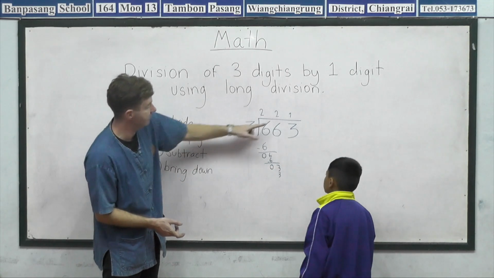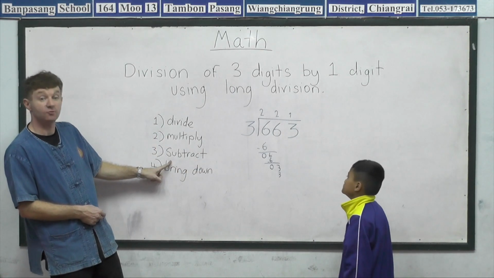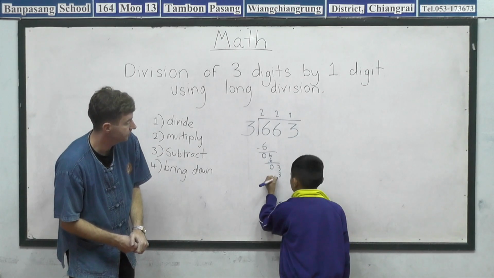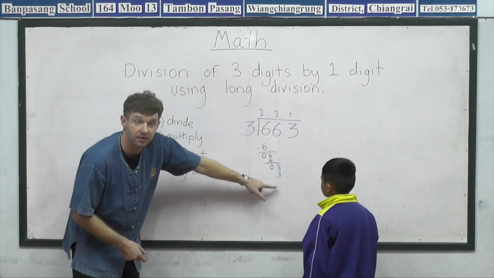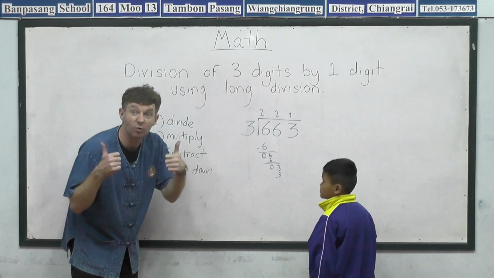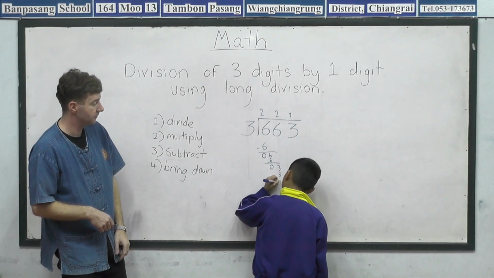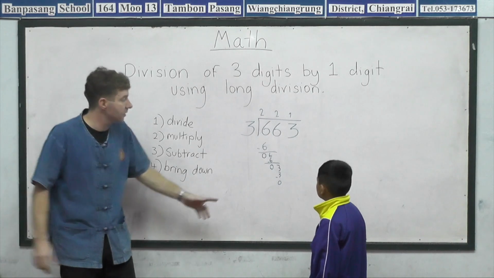Perfect, because 3 times 1 equals 3. Next we subtract. So another minus sign here. Perfect. 3 minus 3 equals 0. So write 0 again here. Perfect. We've got 0, so we know we're fine. We go to the next.